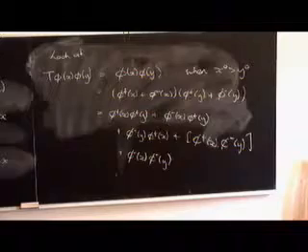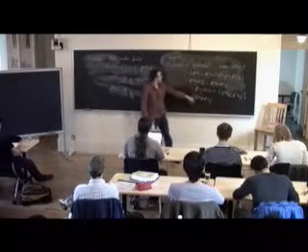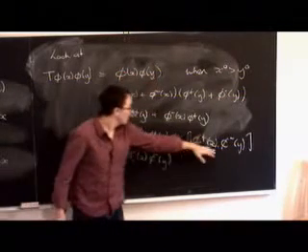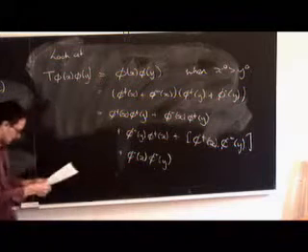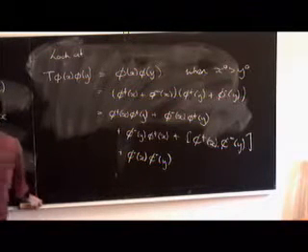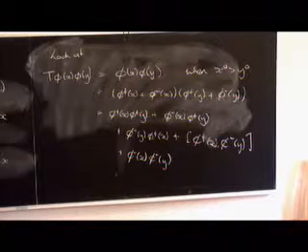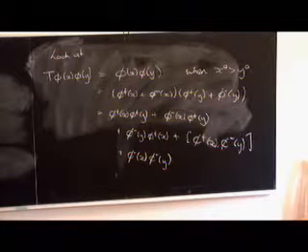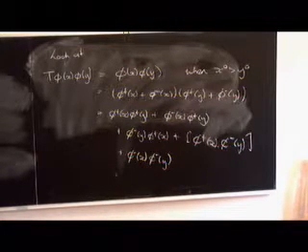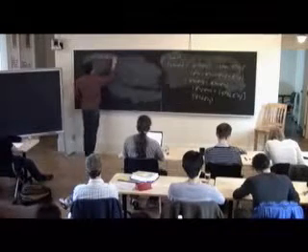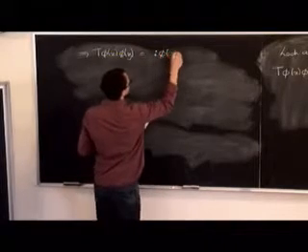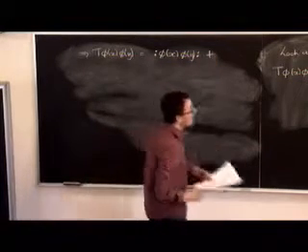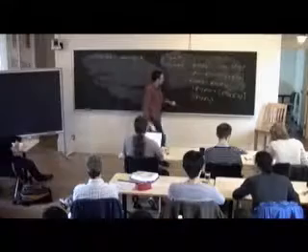All good? So what have we got? This is the definition of the normal-ordered product of phi x and phi y, and what we're left with is this commutator. So the difference between the time-ordered product and the normal-ordered product when x0 is greater than y0 is this commutator.